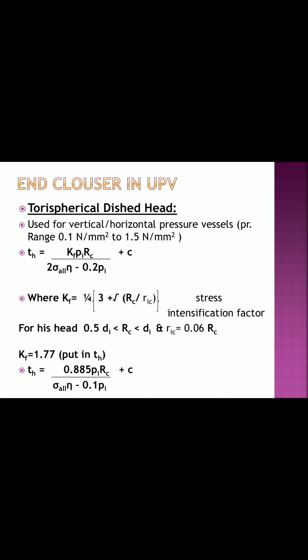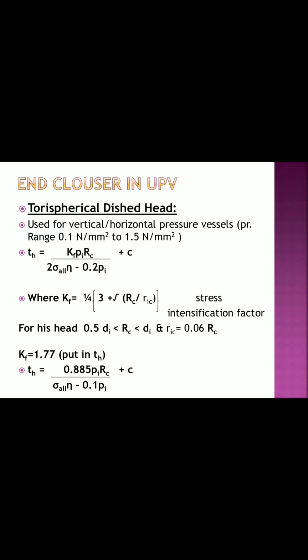So let us consider the formulas. TH is equal to Kf Pi RC upon 2 sigma allowable into efficiency minus 0.2 Pi, plus C, where Kf is equal to 1 by 4 into bracket 3 plus under root of RC upon RIC. You can consider Kf as a stress intensification factor.